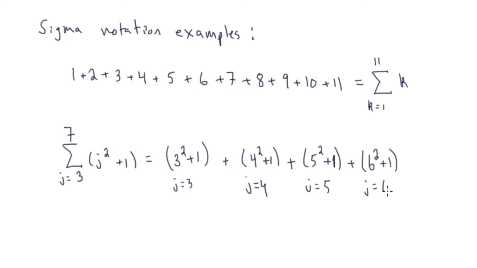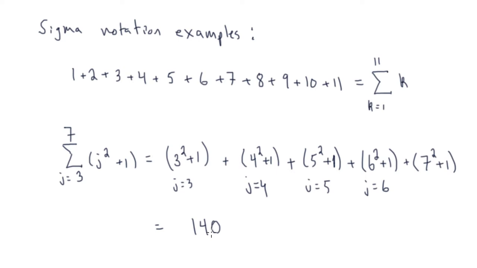J equals 6 term. And so how do I know when to stop? Well, I stop exactly at the upper limit. So that'll be 7. 7 squared plus 1. Of course, in a specific example like this, I can just perform the sum, and I see that this is equal to 140.